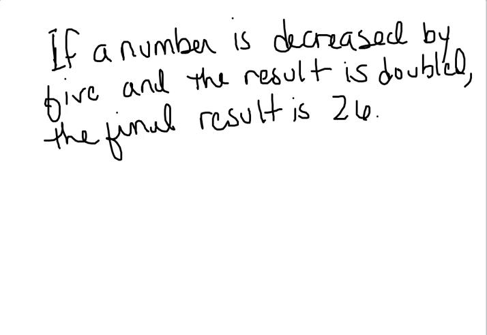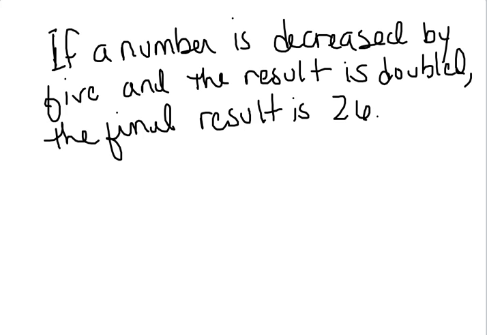Alright, so here's one that I want you to try yourself. And it's a little tricky, so pay attention. If a number is decreased by 5 and the result is doubled, the final result is 26. So I'm doubling what I get when a number is decreased by 5.